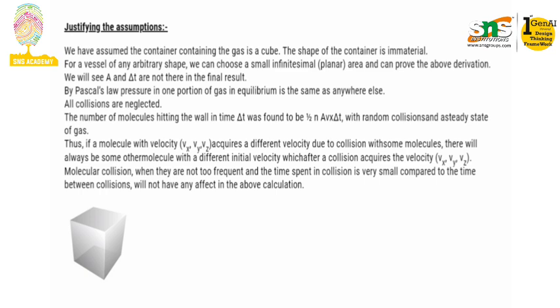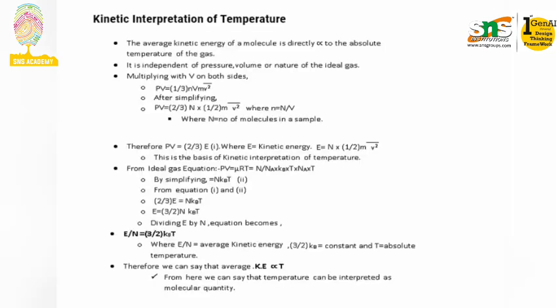So we have to multiply V on both sides. After simplifying, PV is equal to 2 by 3 n into 1 by 2 mv square. So the final equation will be PV is equal to 2 by 3 E, where E is the kinetic energy, or E is equal to n into 1 by 2 mv square.